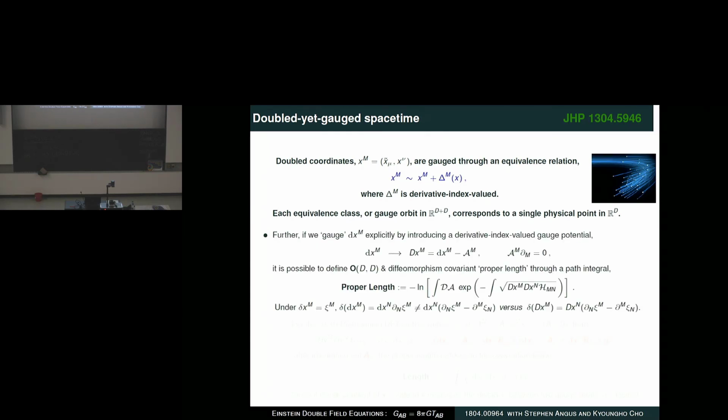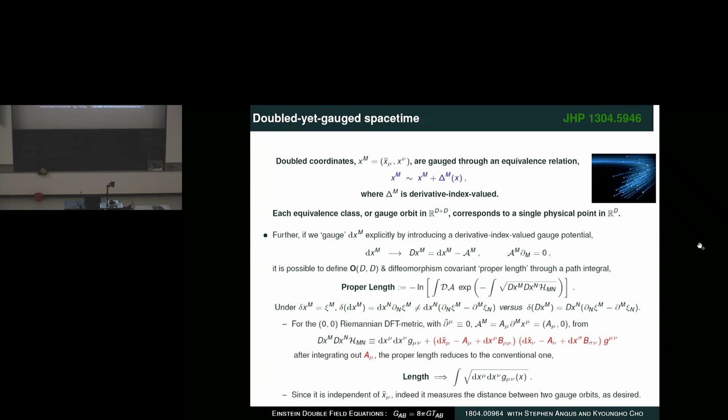Further, if we gauge this infinitesimal one-form explicitly by introducing a derivative-index valued gauge potential, which should satisfy this relation, then it is possible to define an O(D,D) and double field theory diffeomorphism covariant proper length in this doubled yet gauged spacetime through a path integral.